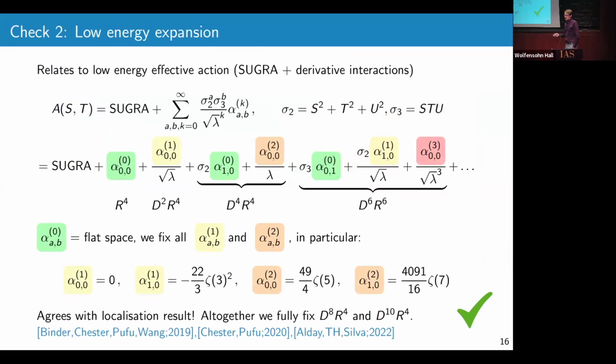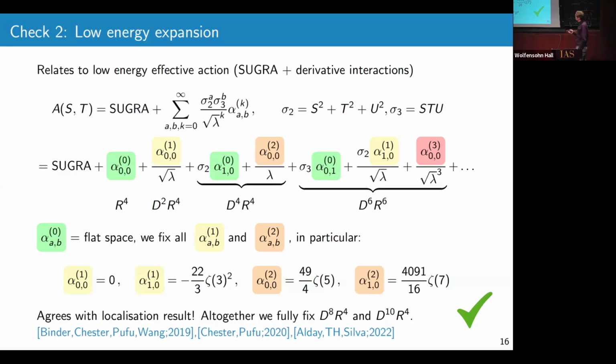The second check is regarding the low energy expansion. This is the small S and T expansion of the amplitude, and it makes contact with the low energy effective action, which is supergravity plus derivative interactions. And the expansion of the amplitude looks like this. We have supergravity plus crossing symmetric polynomials.